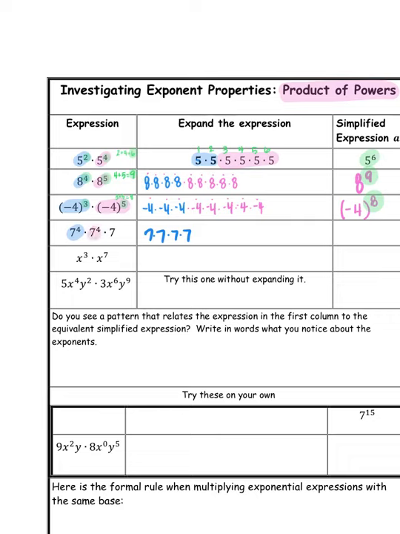We're going to take that 7 to the fourth here and write that as 7 times 7 times 7 times 7. And then we have our 7 by itself. So we can times 7. So again, we're just going to add those up. 1, 2, 3, 4, 5, 6, 7, 8, 9. And then my answer would be 7 to the 9th.